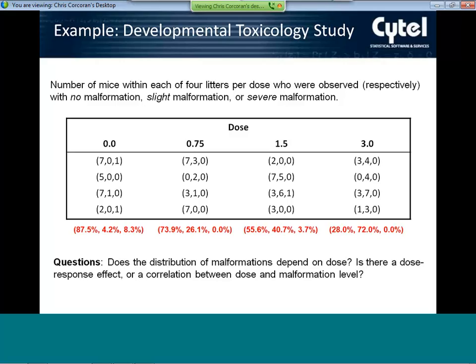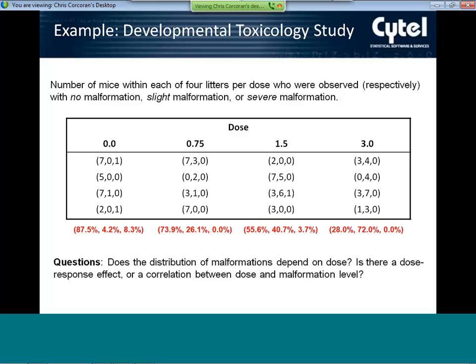But there's some additional considerations here with this example. The dose is ordered and the response categories are ordered as well. So we can consider different approaches for a two-way table. We may carry out a chi-square test or a Fisher's exact test where we consider the dose variable and the outcome variable to be unordered, or we could just take into account the ordering of the column variable, or we can consider this ordering to be two-way.